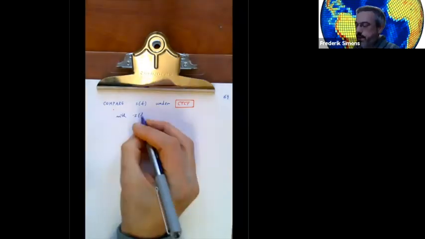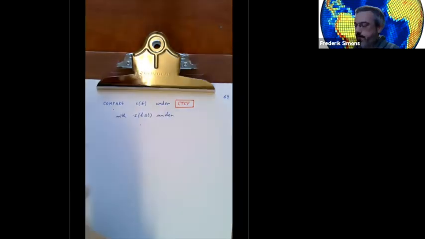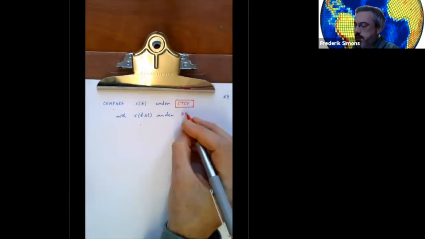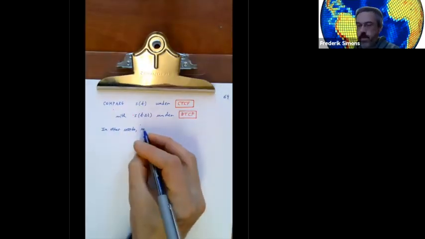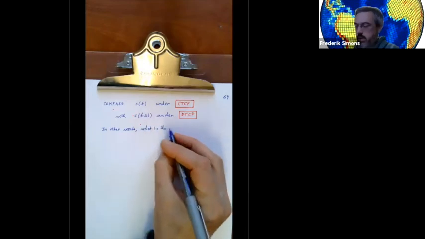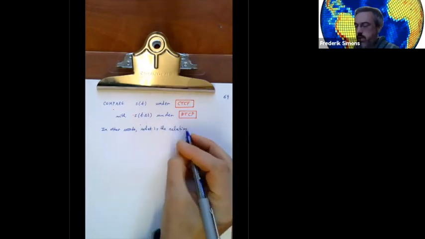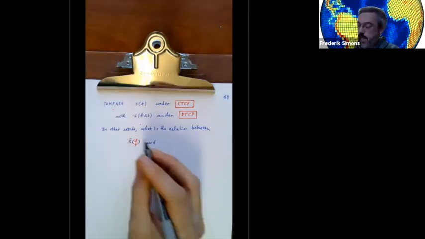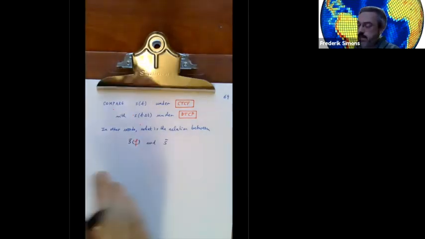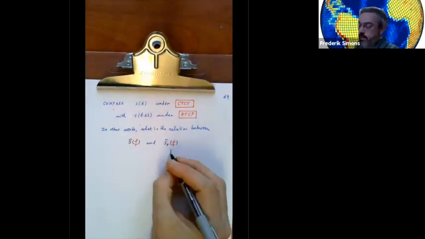We have S of t delta t under this discrete time, continuous frequency. In other words, what is the relation between S of f wiggle and S sub p of f, about which I already know that this was periodic?